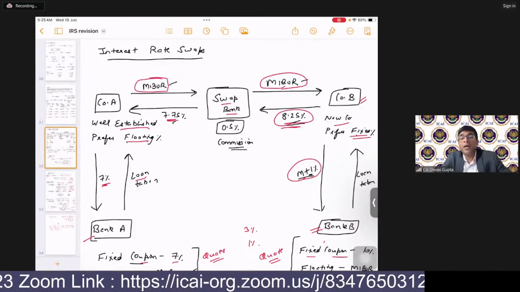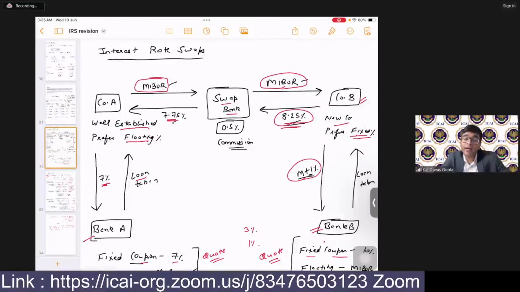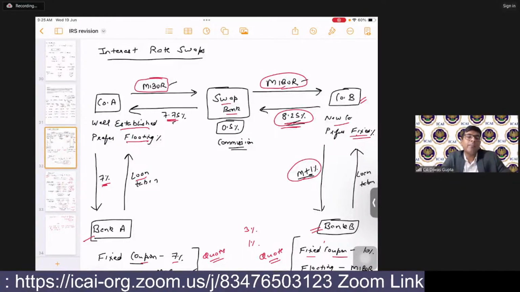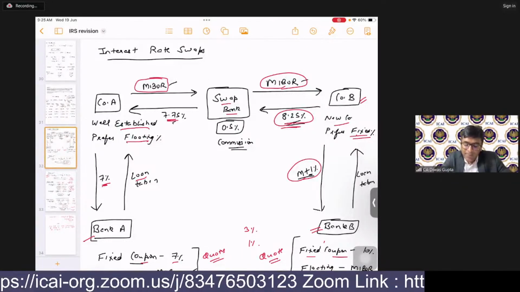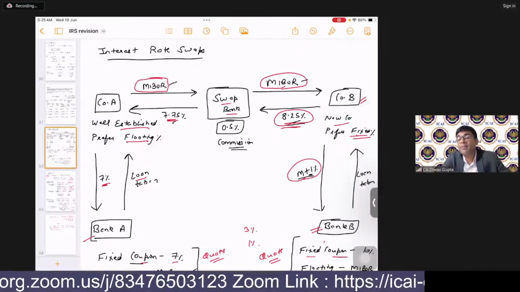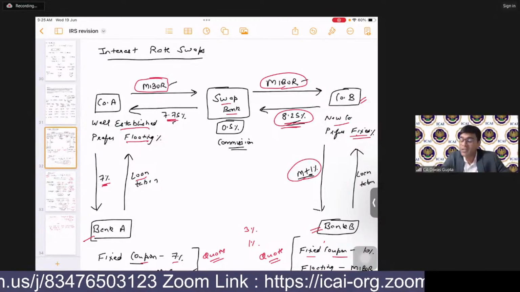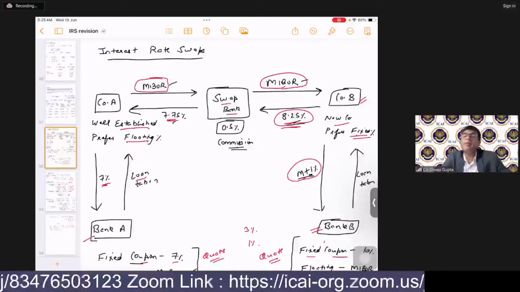That is the second point. Third point, the swap bank also takes into account different credit risk considerations, because the swap bank to company A will not be an issue, but the swap bank to company B will be an issue because company B is a startup company. Now, what will happen if company B is not able to pay this 8.25 percent to the swap bank?